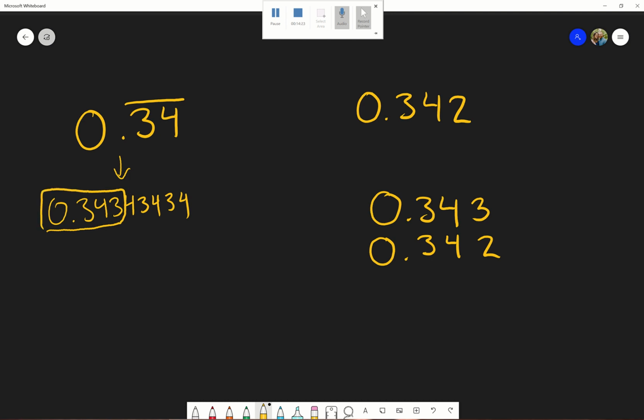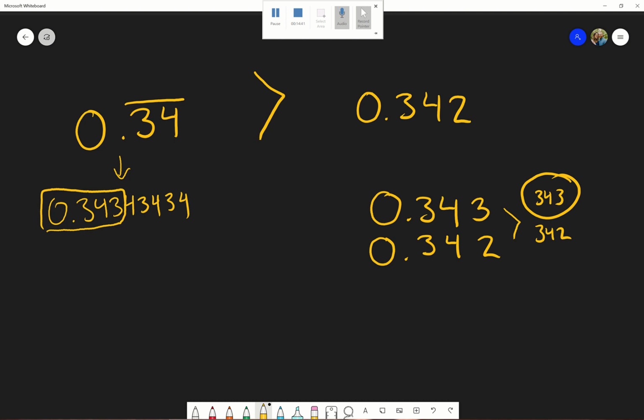And now, since these have the same number of place values, I can say, well, which is bigger, 343 or 342? We know 343 is bigger, which means that this is our bigger number.